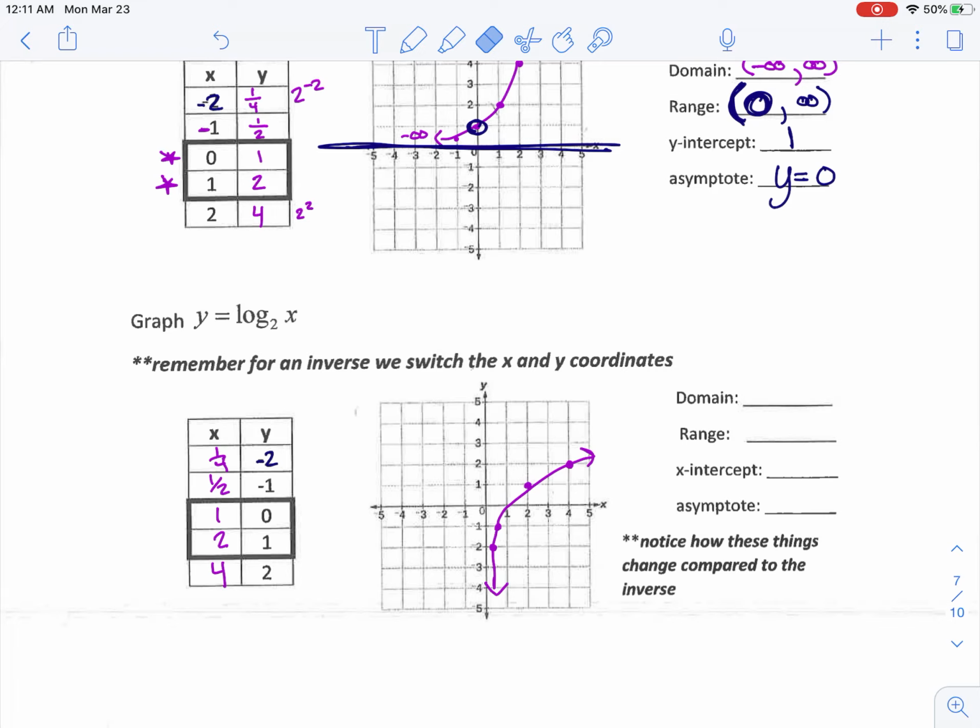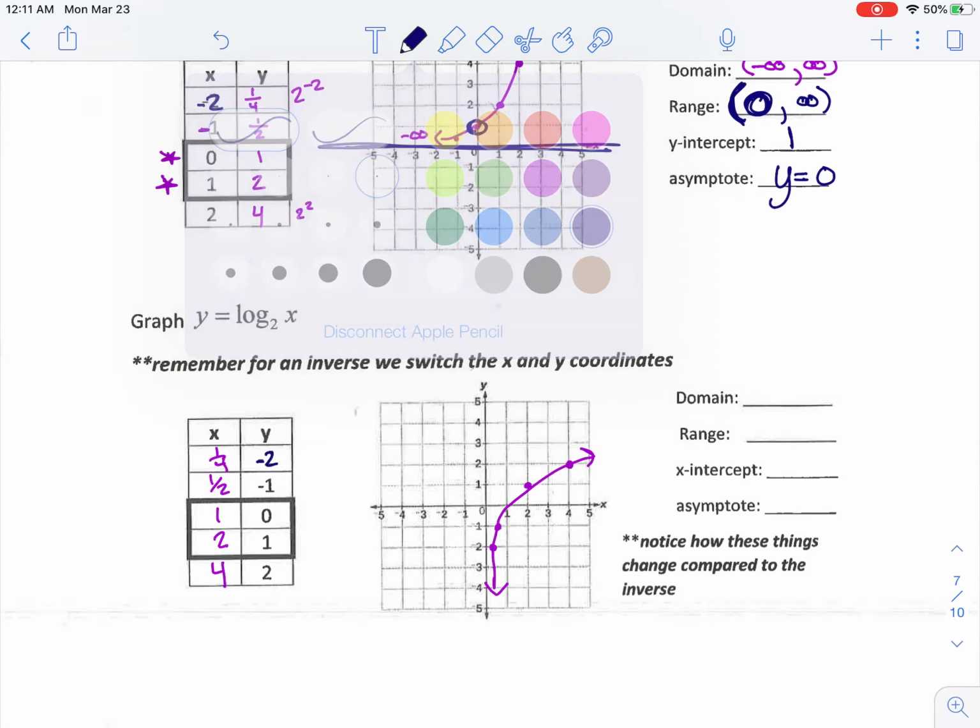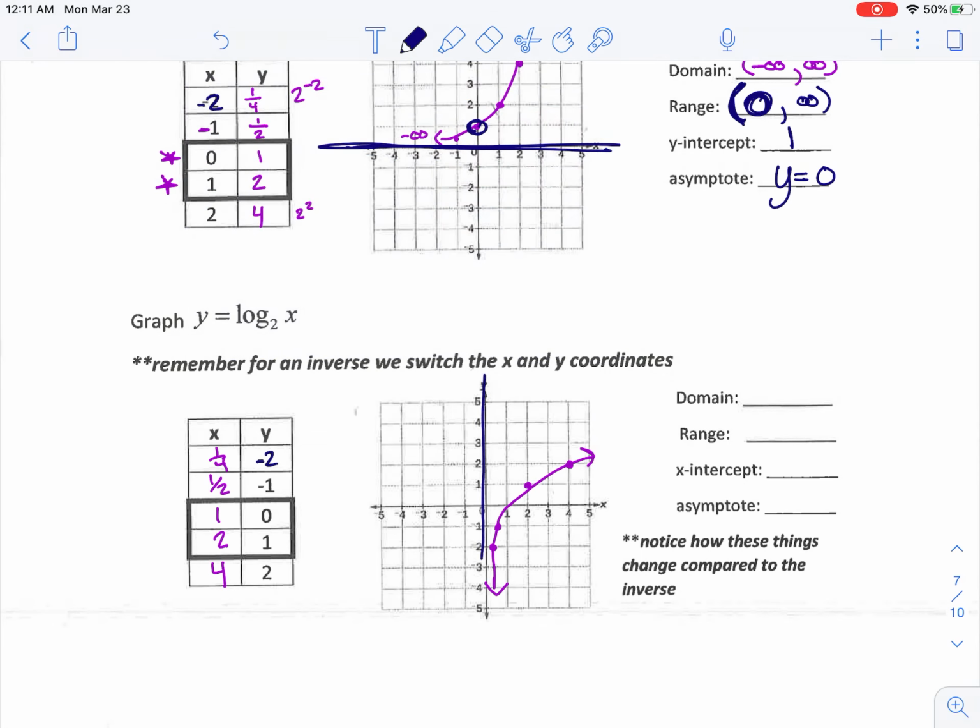But I get this graph. And on this graph, all this has done is turned my graph, and I have an asymptote right there. But now instead of that asymptote being a y equals, it's an x equals.